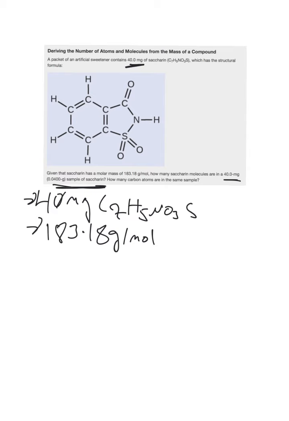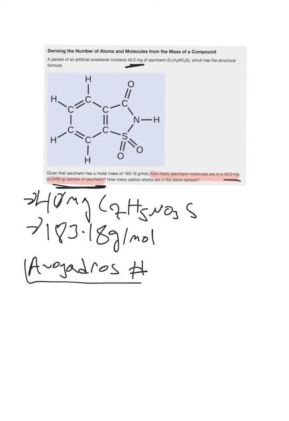Finally, it's important to understand exactly what they're asking for. So this is how many saccharin molecules? How many molecules? The only thing that describes the amount of molecules in a substance, like we said earlier, is Avogadro's number, or the calculation that gets us to their number.